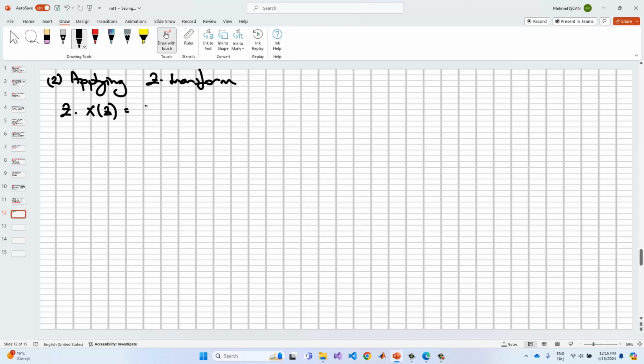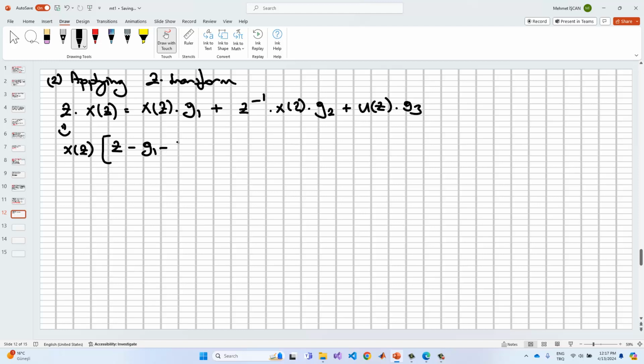Okay, and so X(z) times g1, because this is the k, and so z to the power minus 1 times X(z) times g2 plus U(z) times g3. Okay, and so we collect all the X(z) terms at the left hand side: z minus g1 minus z to the power minus 1 g2, which is equal to what?